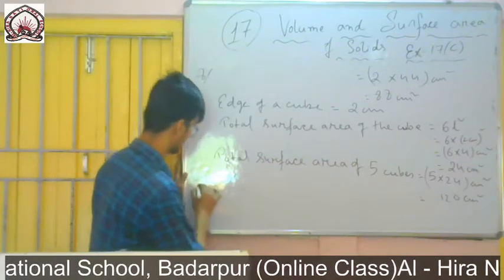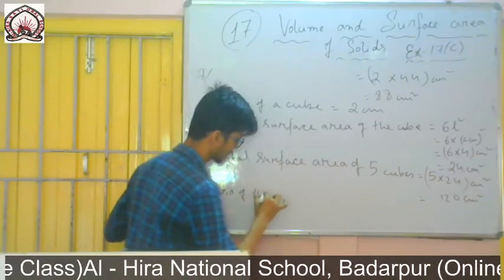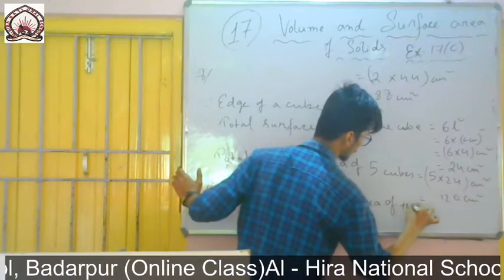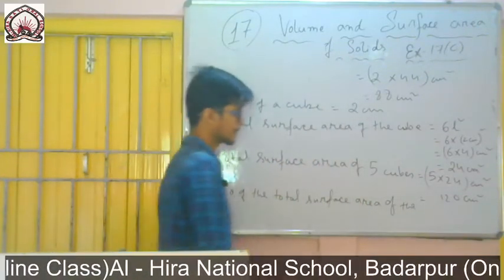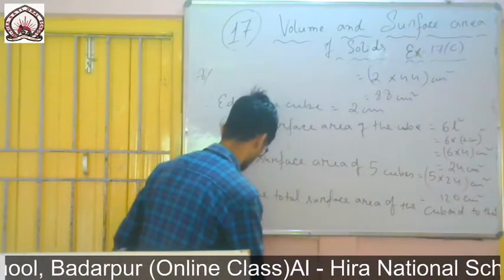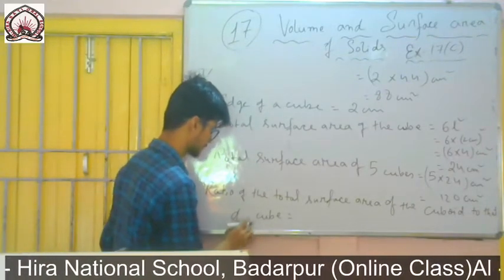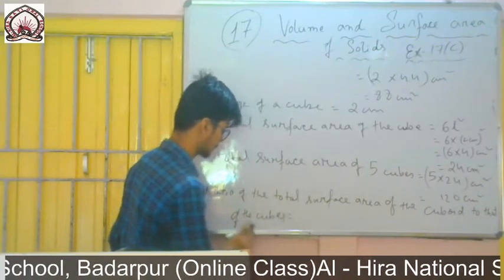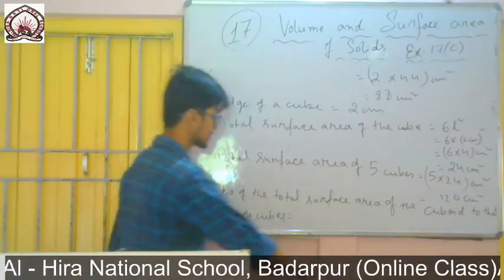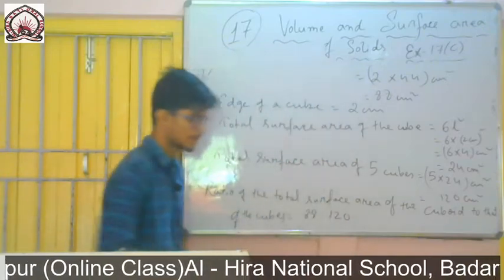Therefore the ratio of the total surface area of the cuboid to that of the cubes is equal to the ratio 88 is to 120.